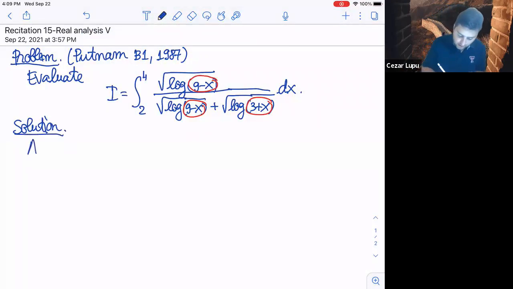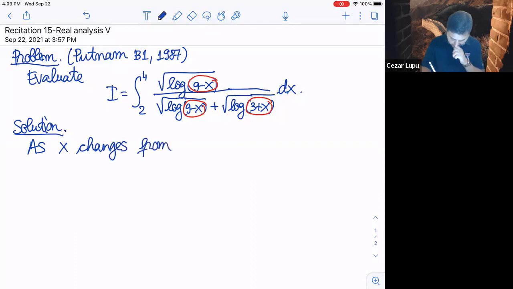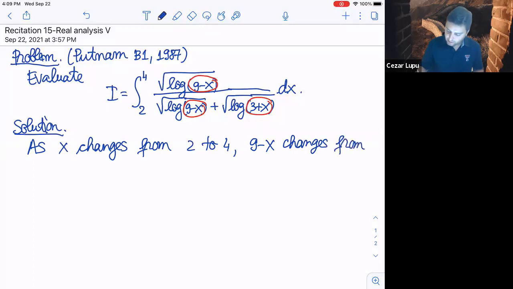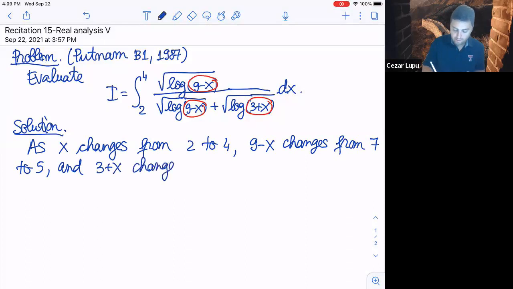As x changes from 2 to 4, 9 minus x changes from 7 to 5, and 3 plus x changes from 5 to 7.